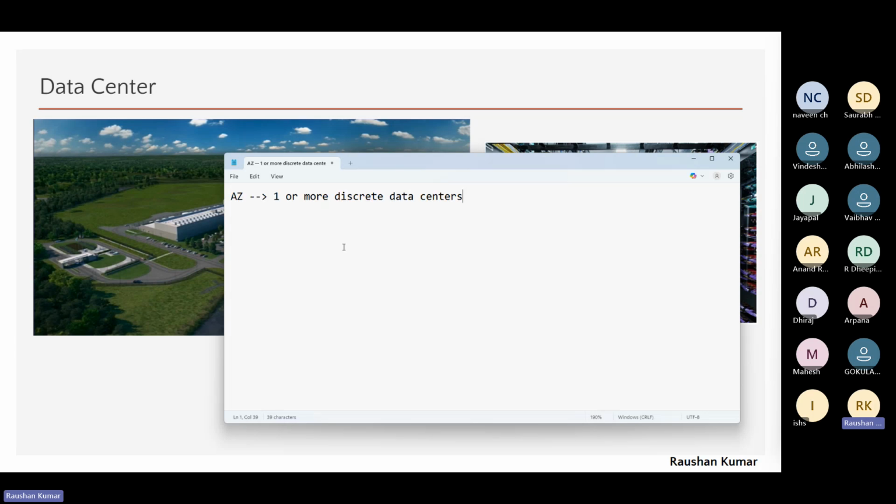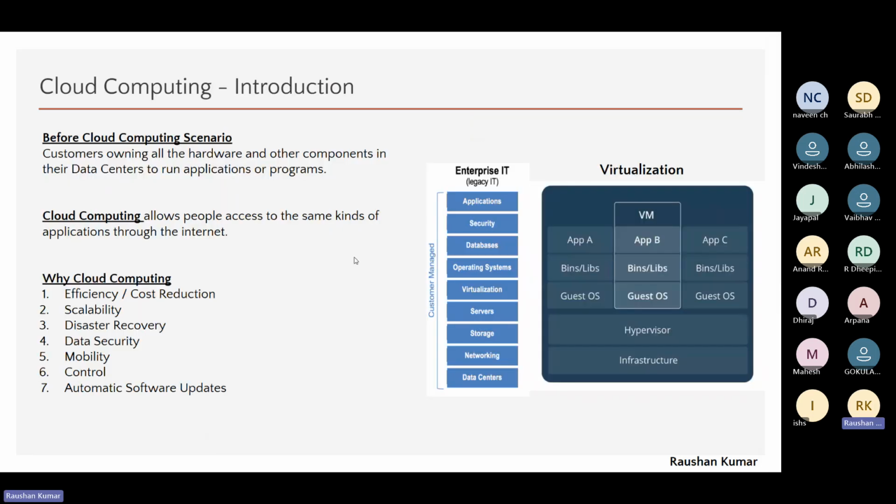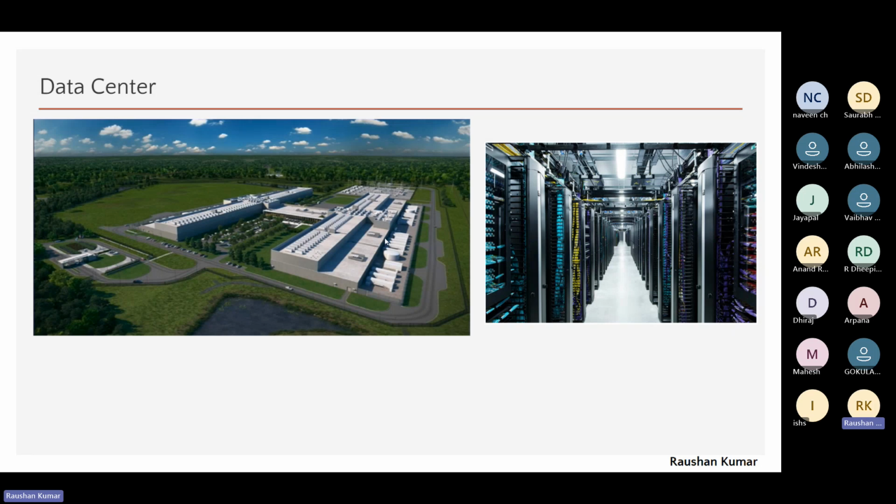This is what you define as one AZ. It could be one or it could be more. But to keep it simple, friends, think of one AZ as one data center. This has been the case mostly. So remember that. This setup here is one AZ, one availability zone.